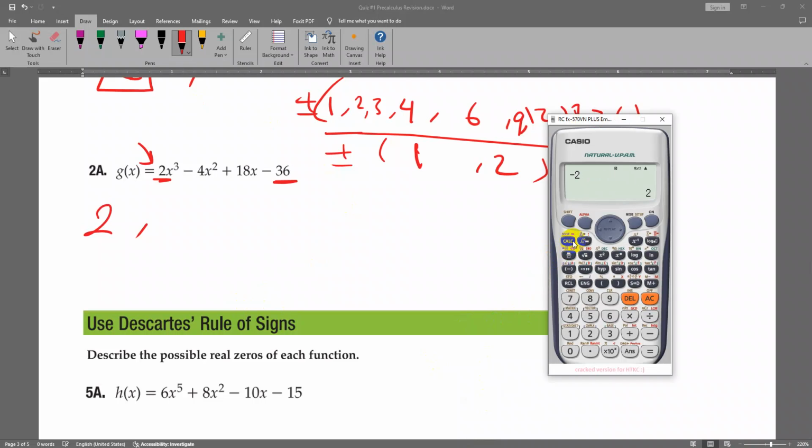Calculated at -2, at 3, at -3, at 4, at -4, at 6, at -6, at 9, at -9, at 12, at -12, at 18, at -18, at 36, at -36.